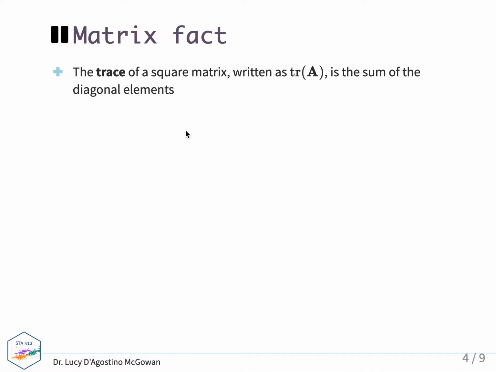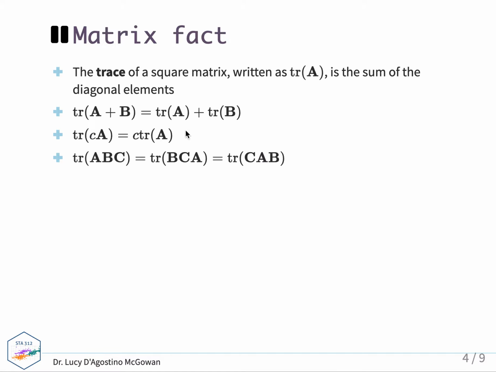Let's go through a couple matrix facts here to work our way up to this. Matrices have something known as the trace, and the trace of a square matrix A is the sum of the diagonal elements. Here are some facts about the trace. The trace of A plus B, if these are 2 matrices, is equal to the trace of A plus the trace of B, so you can pull the trace through.